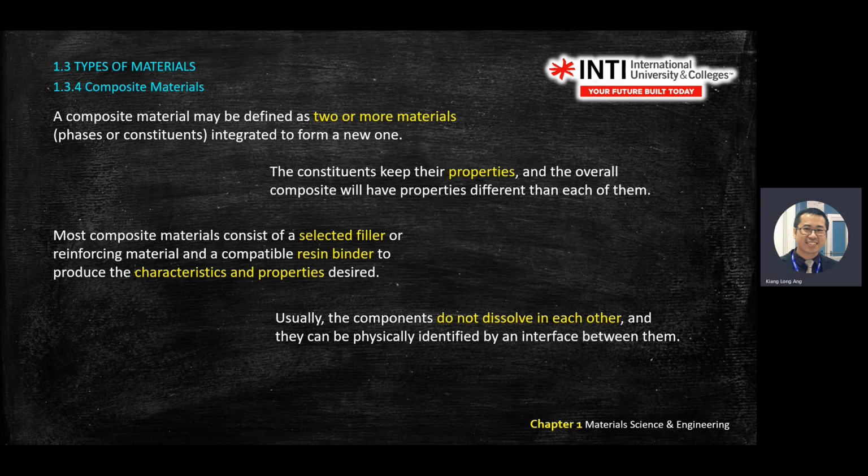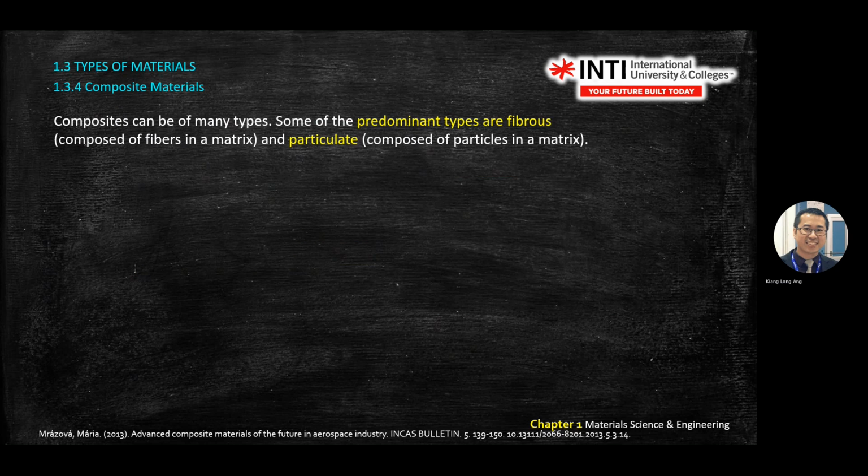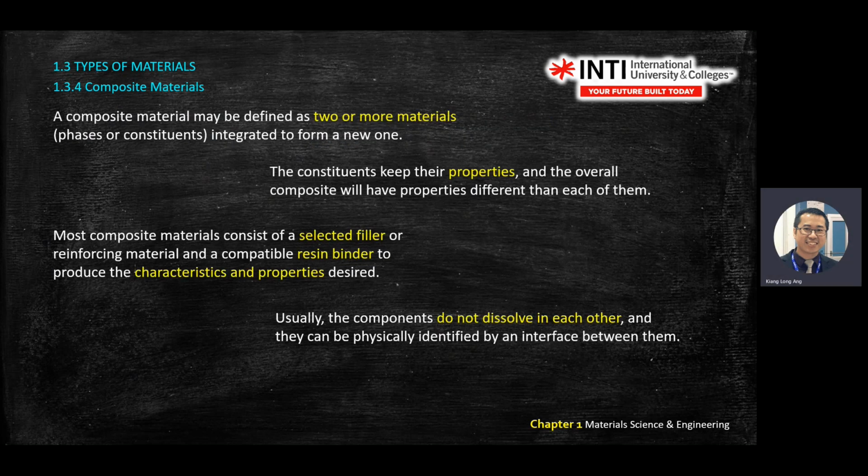It means they do not become something new. They just mix together, then they bond together and become a new part or new component. They are not chemically evolved into something new. Meaning that you can still see the elements if you cut them open and observe them under a microscope. This is a composite material.